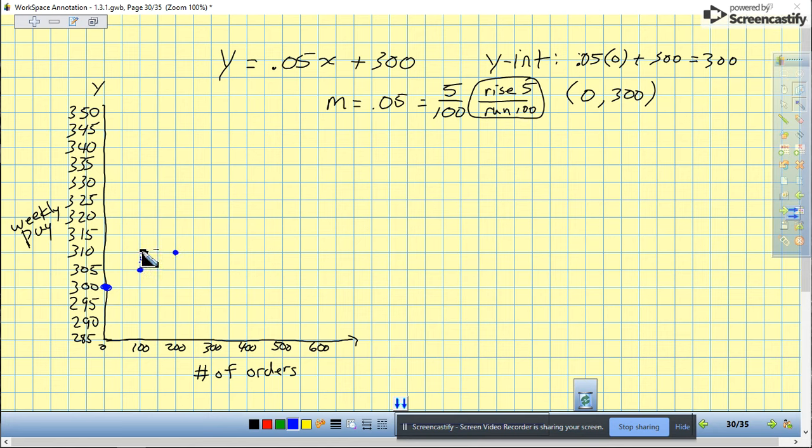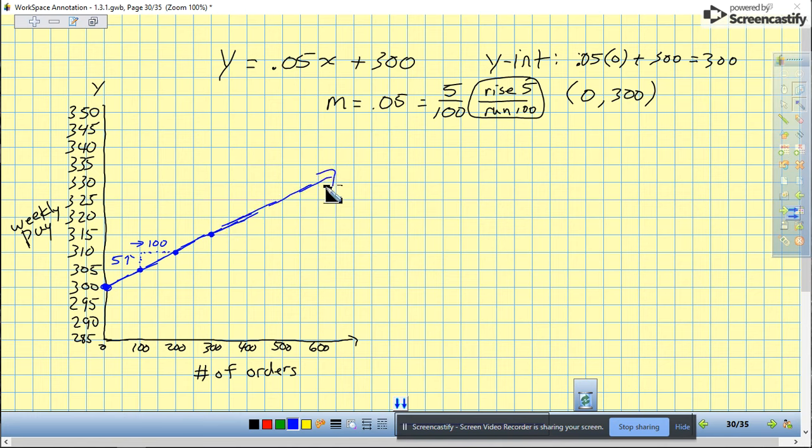So to help kind of see that, we went up 5 and over 100 according to our chart, the way it's set up. Okay, we can keep that going, and then you kind of get the idea here. Again, sketch it the best you can.